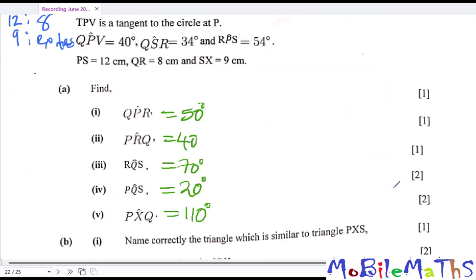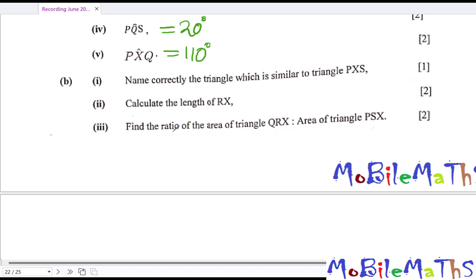Then let's move on to the last question. They are saying find the ratio of the areas of these triangles. You can even see that's where it comes from. Even if we had failed to identify the triangles that are similar, they are also here. That's where they made an error on their question. So we are going to calculate the areas.